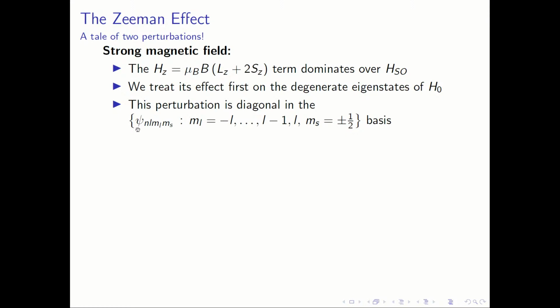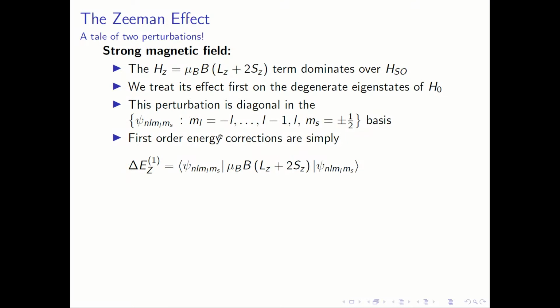These are the χ_nlmlms terms. Remember, L², S², Lz, Sz are the operators which give rise to this particular eigenbasis, and these operators of course commute with Lz and Sz. And if you want to calculate the first order energy correction, you do not have to go through this whole machinery of degenerate perturbation theory.